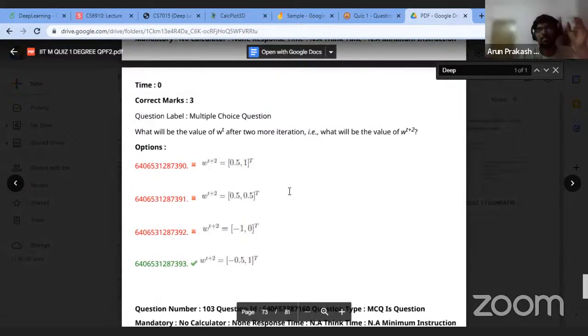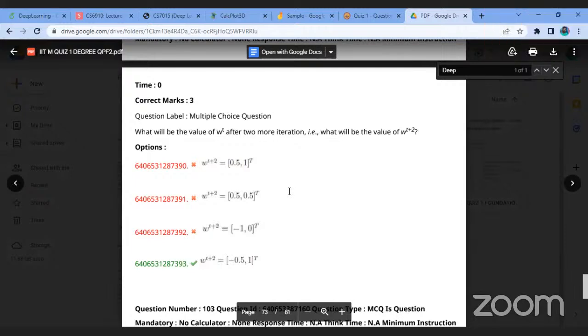Say for example, if my point is positive, right? Let's say I have some weight W and I take some point, and the true label of the point is positive, and then I multiply with this W, and it turns out that it classifies correctly. Then I leave it as it is.